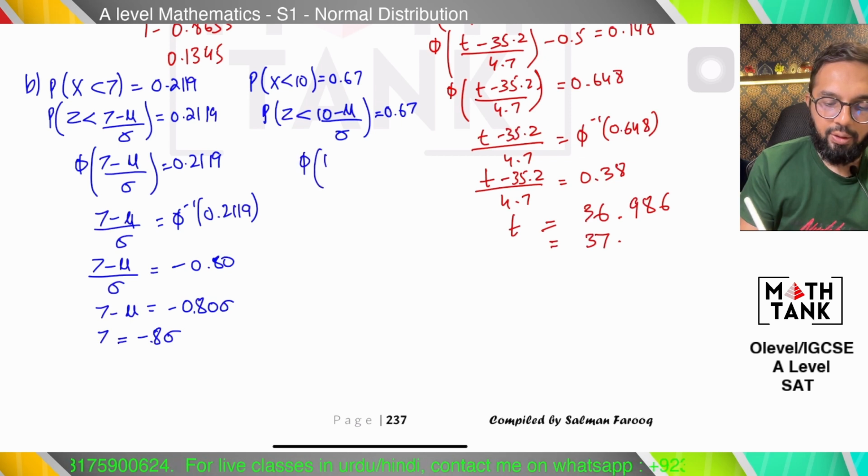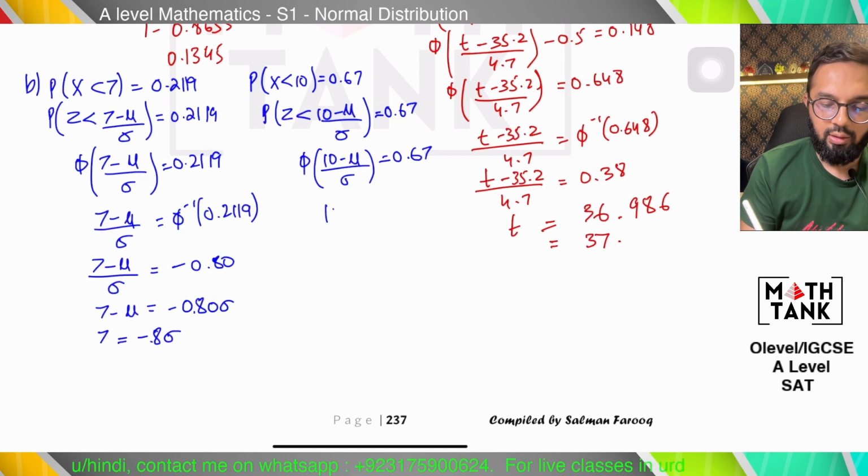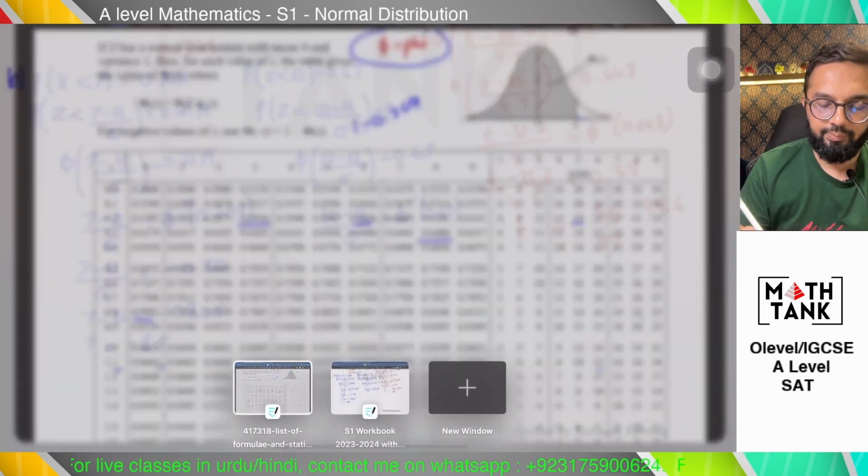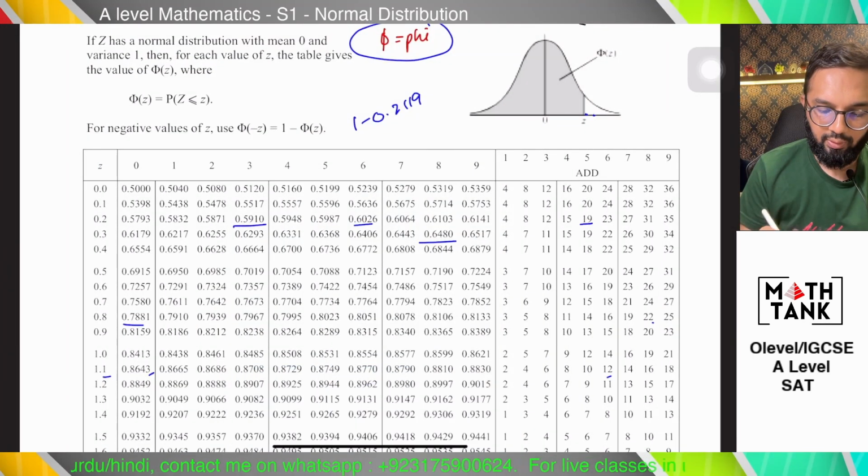Then the next one is 10 minus mu over sigma, 0.67. 10 minus mu over sigma equals phi inverse of 0.67, which is 0.44.